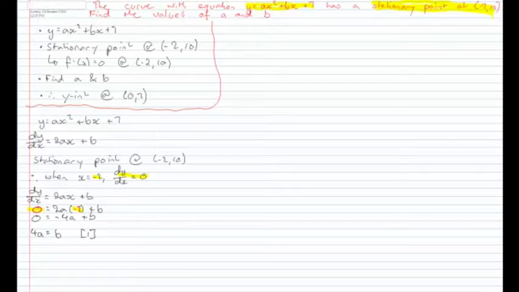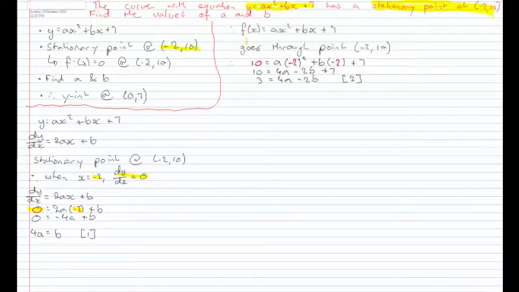Now because we have two unknowns, we need to use simultaneous equations, and we'll need to find another equation that we can use. Now to do this, I know that the stationary point occurs at negative 2, 10. Therefore the function also goes through that coordinates of negative 2, 10. So here's my working out. Okay, so I know that f of x equals ax squared plus bx plus 7 also goes through the point negative 2, 10.